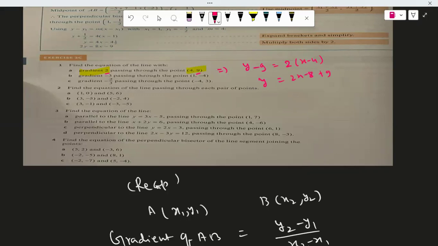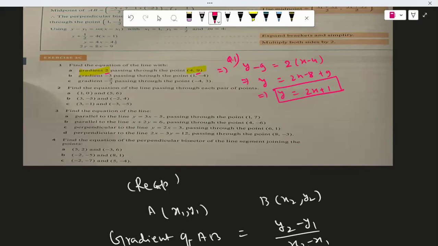So the equation of the line will be y equals 2x plus 1. This is the solution of the first part. Check your answer. And B and C parts you will be doing yourself at home.